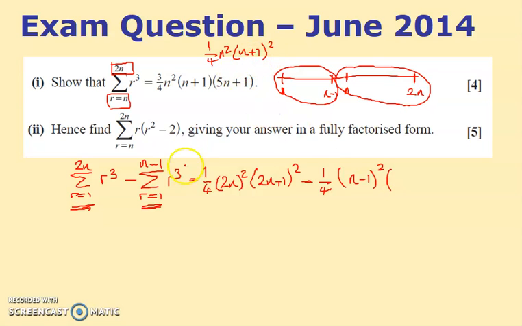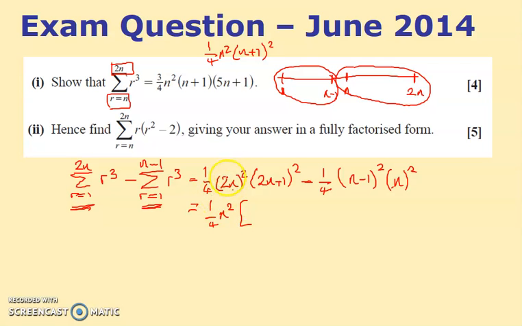And then I add 1 to it, which fortunately just gives me n squared. I say fortunately because I've got n squared in both. So I'm going to reckon I'm going to take out a quarter n squared as a common factor, because nothing else goes.